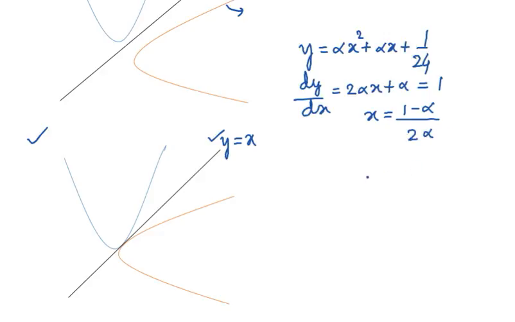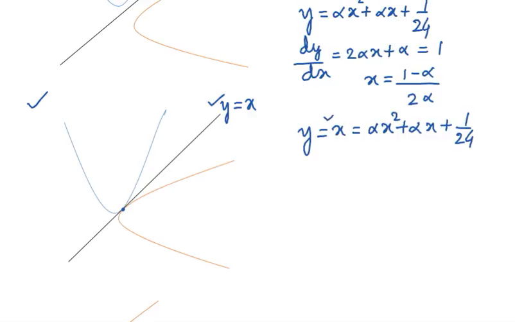And now we can say that this particular point can also be obtained by solving y equal to x with the function itself, that is alpha x square plus alpha x plus 1 by 24. So we can easily see that by solving this equation we should get the same root as by equating the slope of the tangent to 1.